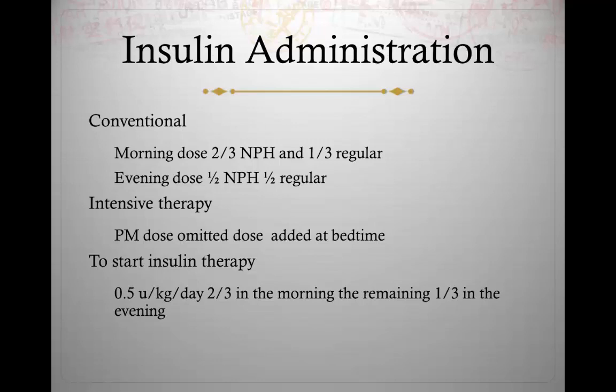The conventional therapy, basically there's a calculation. You will split the dose: two-thirds NPH and one-third regular insulin in the morning, and one-half NPH and one-half regular at night.